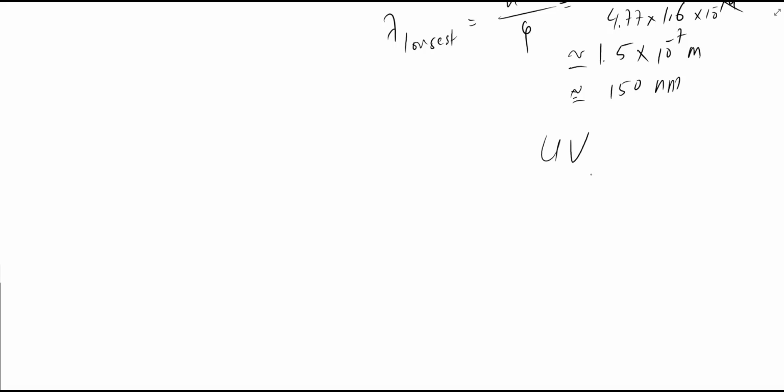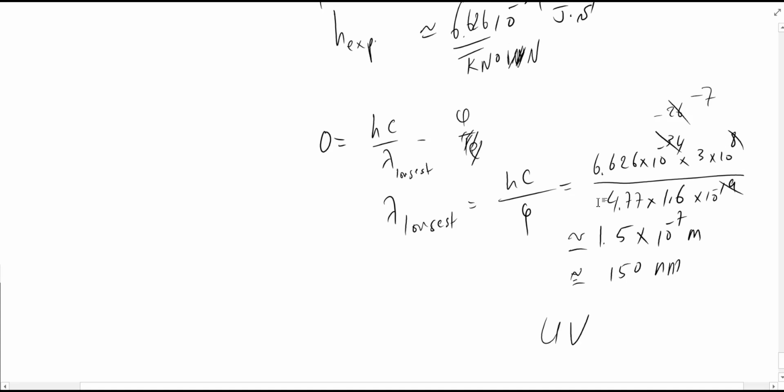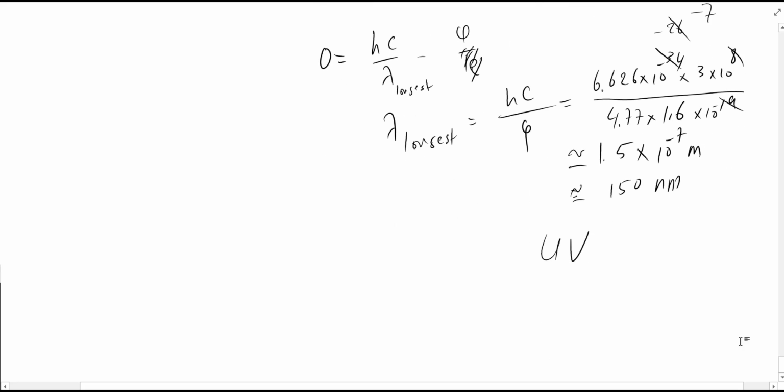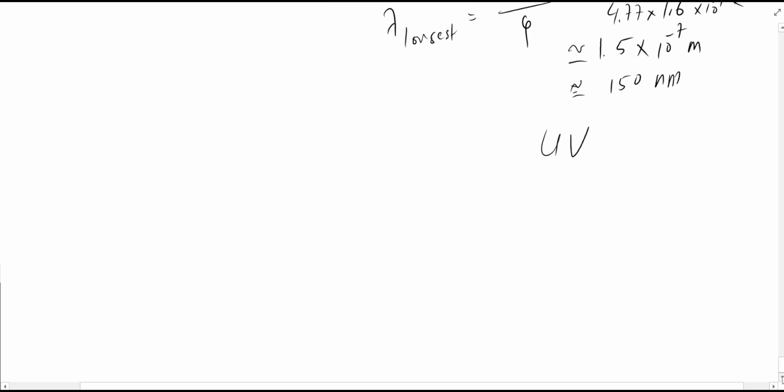What wavelength of light is required to produce photoelectrons with kinetic energy 10 electron volts? Except now they are not coming with zero velocity, so they're coming with 10 electron volts. So they're coming with 10 times 1.6 times 10 to the negative 19 joules. That's their kinetic energy, which is equal to hc over lambda minus phi, and we need to find this lambda.